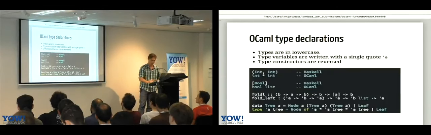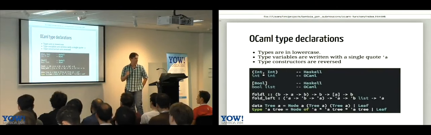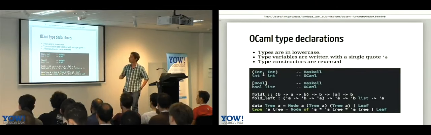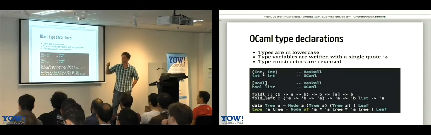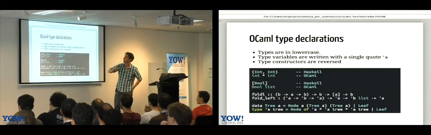But first we need a little detour and look at how OCaml does type declarations. It's not really scary, it's just a little bit different. We've got Haskell at the top and OCaml underneath. Haskell has uppercase starting for the types, whereas OCaml has lowercase. You can see that for the ints and the bools and the list.